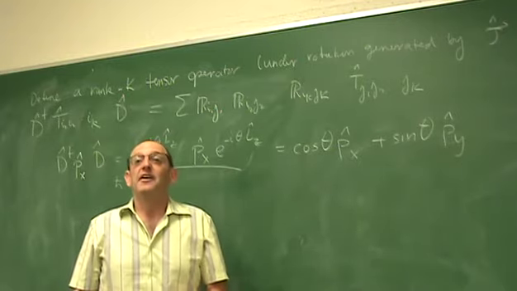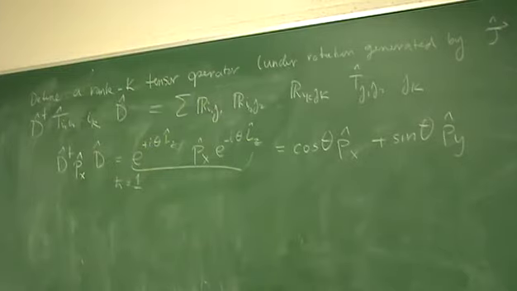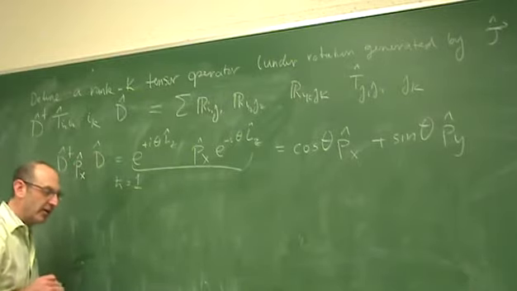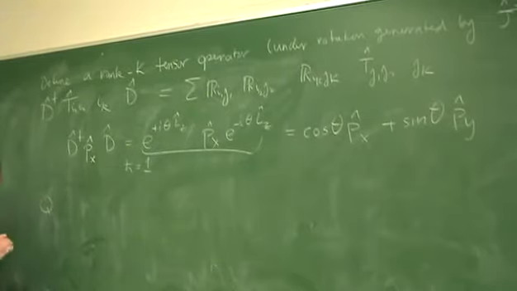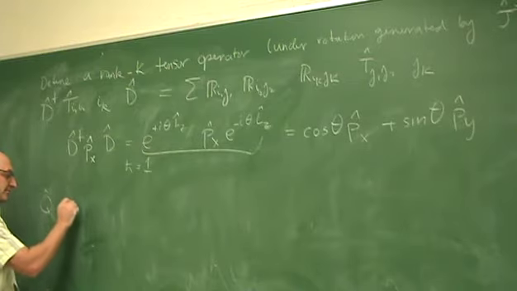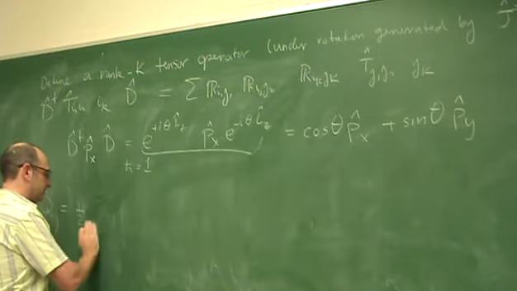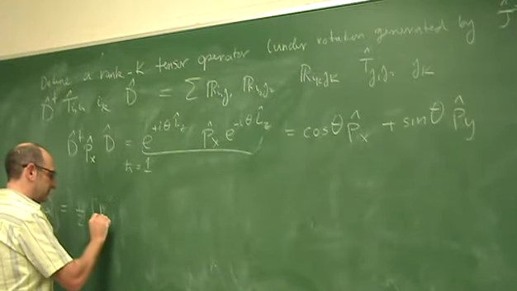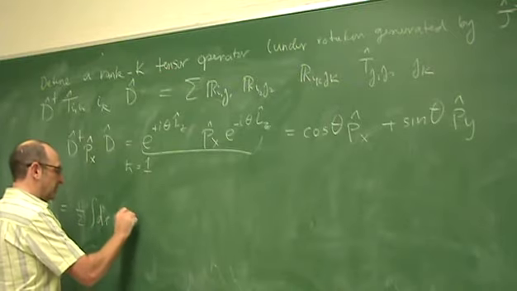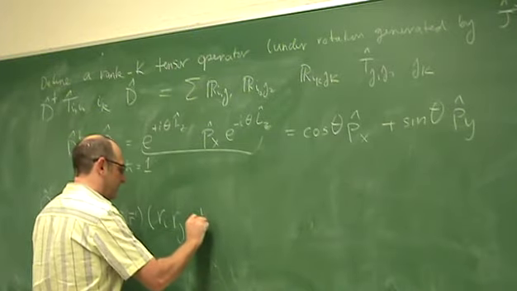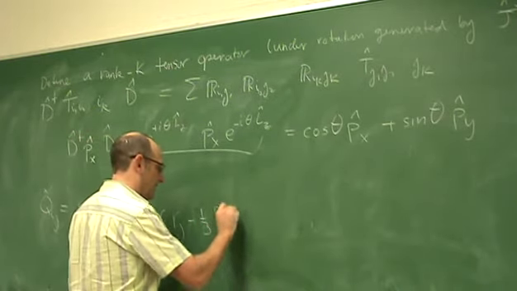I can think about more general tensors. So if I have one particle, and for example, I look at the quadrupole tensor operator. So that's some charge density, and then I have Ri, Rj, minus a third, R squared.